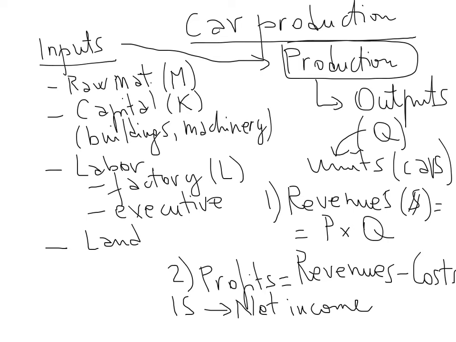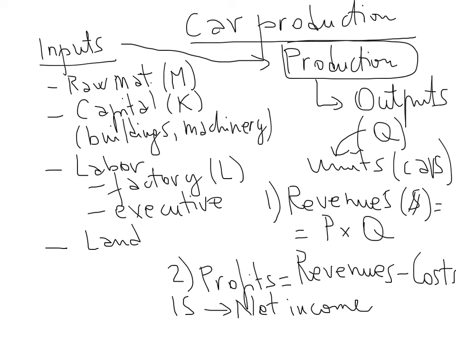What's the difference between a fixed and a variable input? Well, a fixed input stays the same, is constant regardless of the level of production, while a variable input changes with the level of production. For example, a variable cost related to a variable input is going to increase when we produce more, or decrease when we produce less.